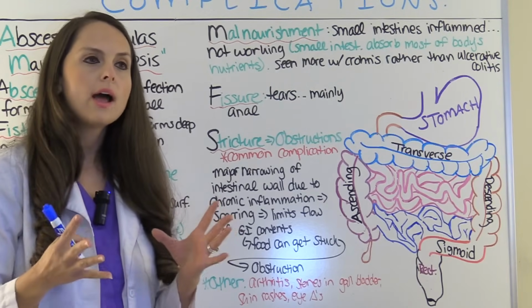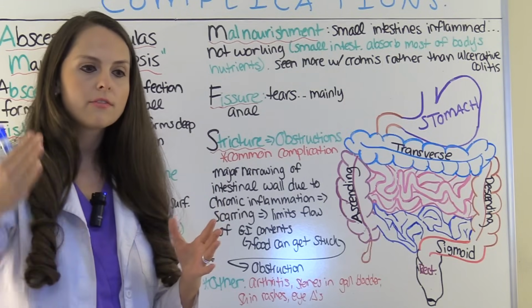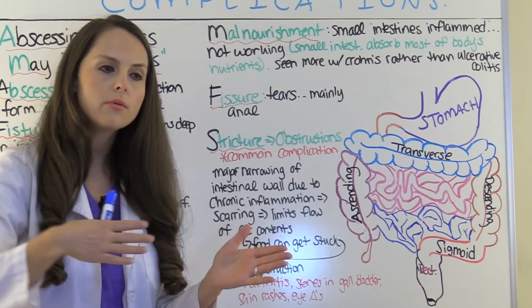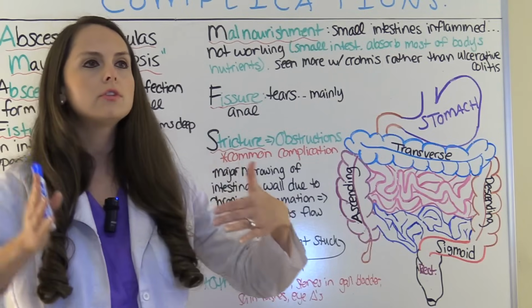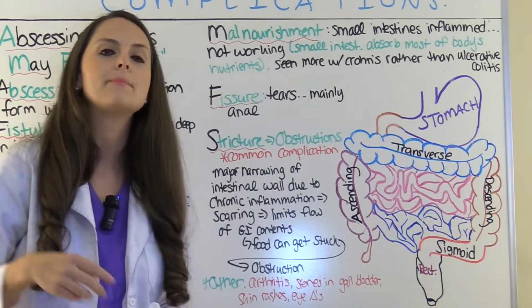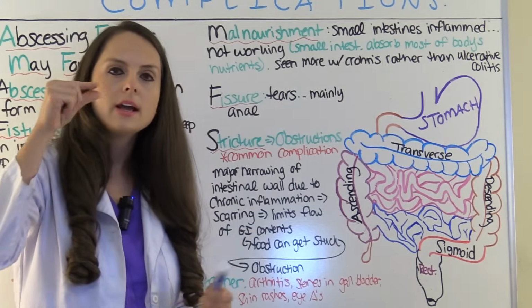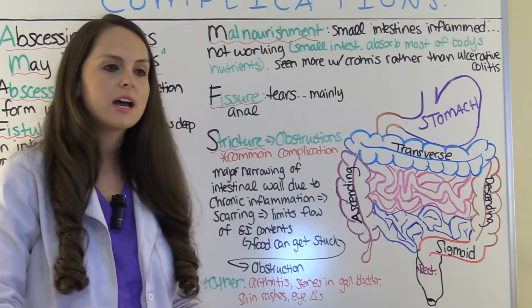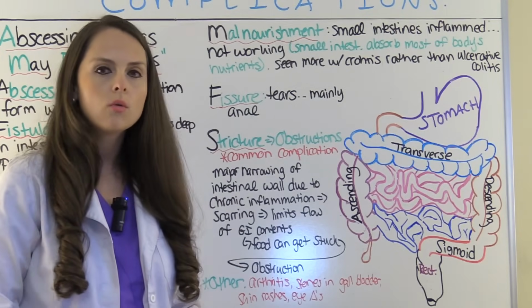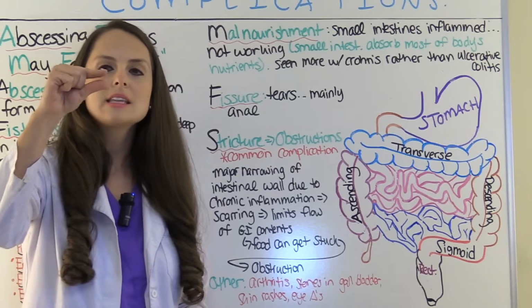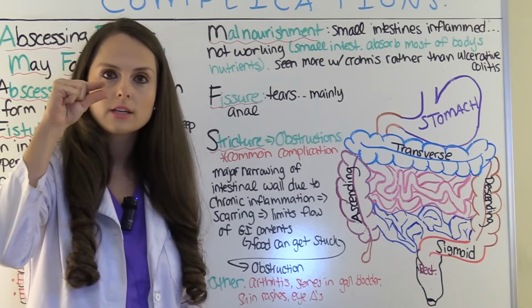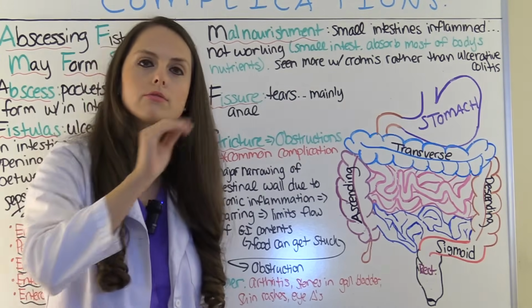Now, what causes a big problem with that is that you have food or GI contents flowing through your intestines, and we want to flow nice and evenly. But if we have a narrow part, say we got some food in there that doesn't digest very easily, like foods like corn or something like that, gets in there, causes that blockage, and nothing can flow through.